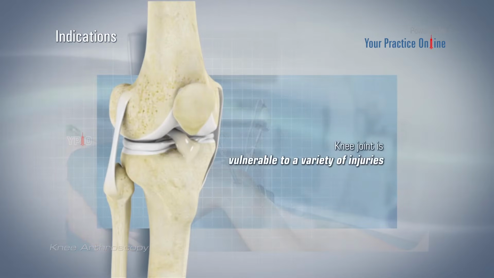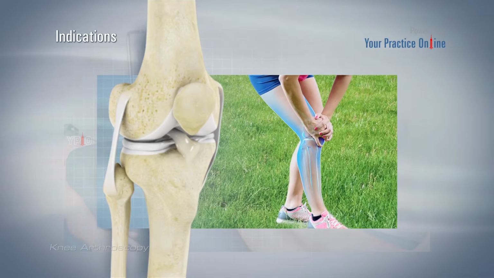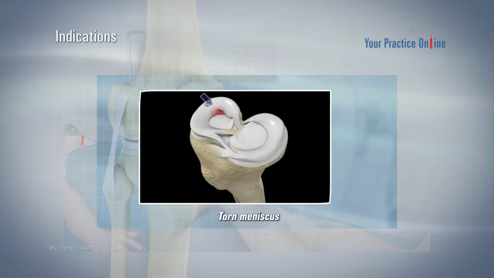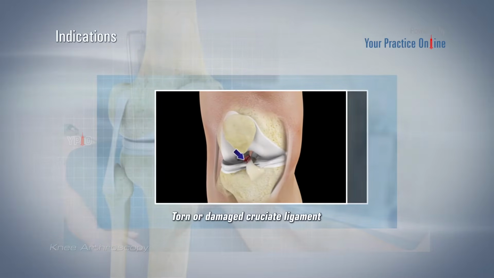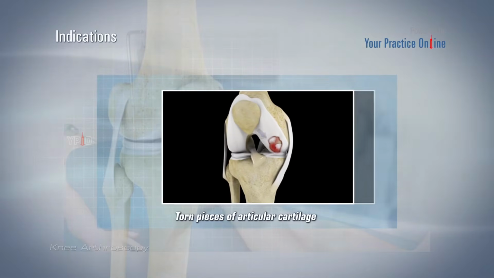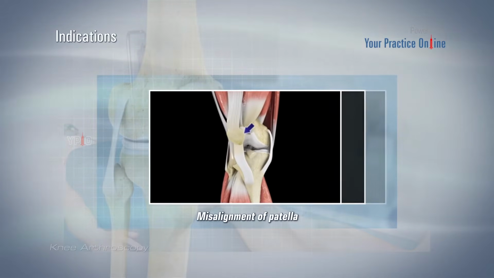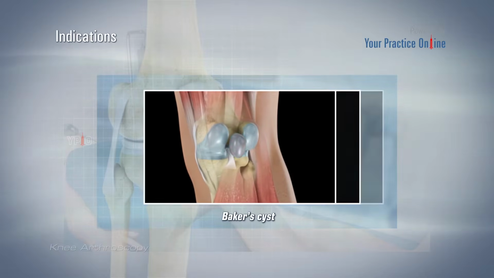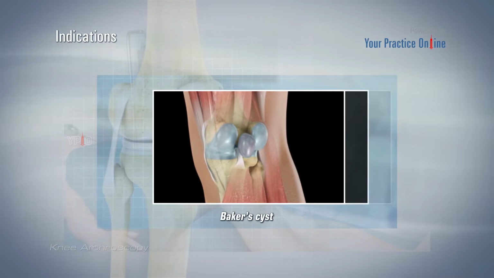Indications for knee arthroscopy. The knee joint is vulnerable to a variety of injuries. The most common knee problems where knee arthroscopy may be recommended for diagnosis and treatment are torn meniscus, torn or damaged cruciate ligament, torn pieces of articular cartilage, inflamed synovial tissue, misalignment of patella, Baker's cyst, a fluid-filled cyst that develops at the back of the knee due to the accumulation of synovial fluid.